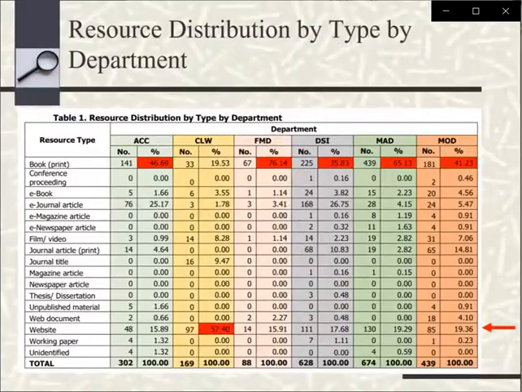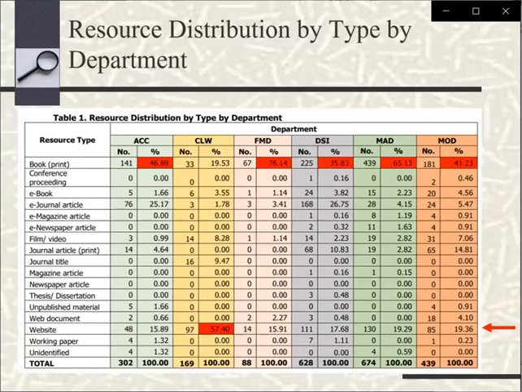Okay, looking closely at the table of resource distribution by type by department, specifically at each department, all except for the commercial law have print books dominating their list of resources. Courses under the commercial law focus on the Philippine setting with the deficiency of published books on Philippine law.